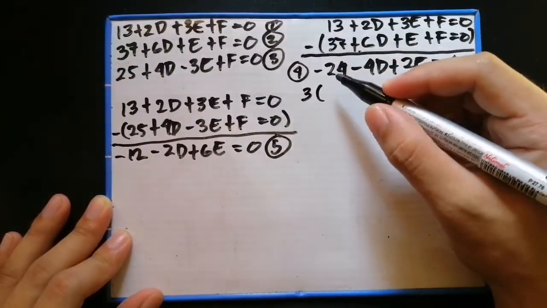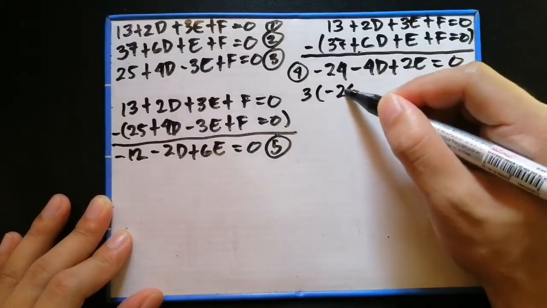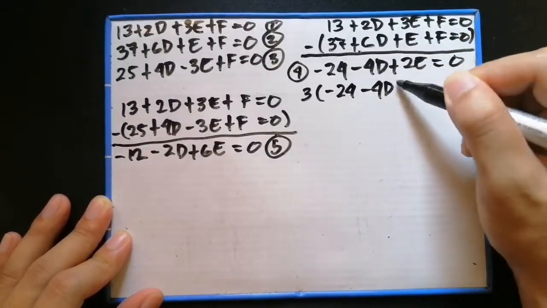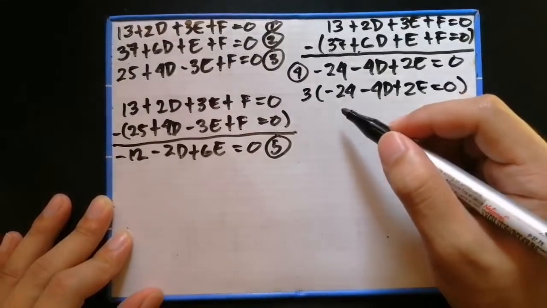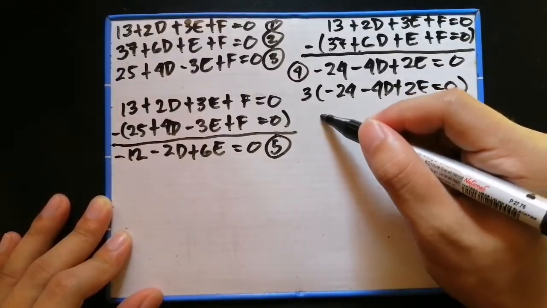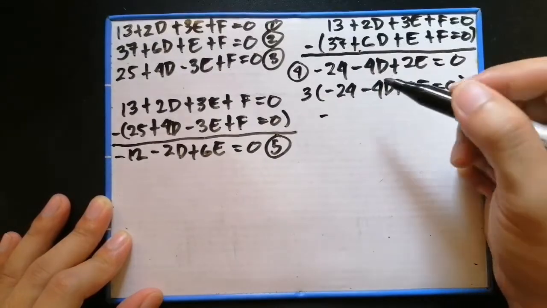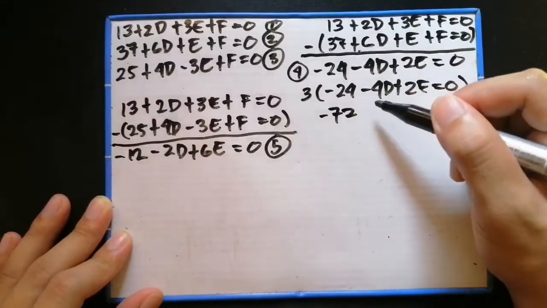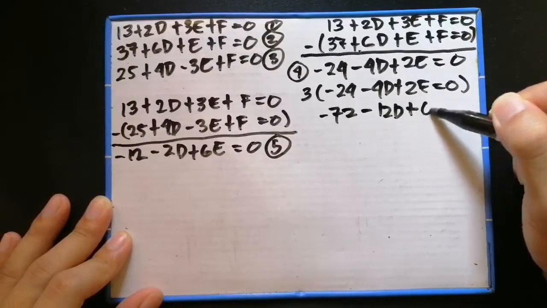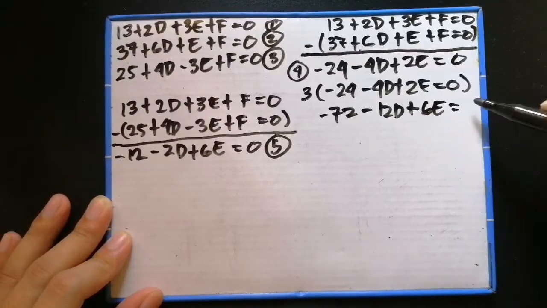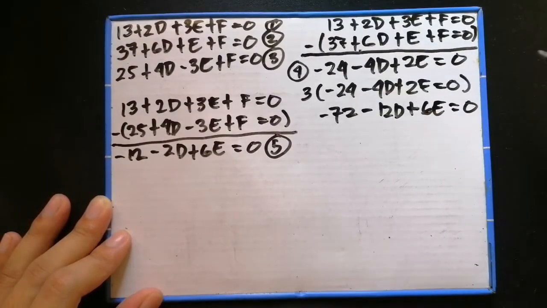So, 3 times the equation 4, negative 4D plus 2E is equal to 0. Ang result ay magiging negative 24 times 3, negative 72 minus 12D plus 6E is equal to 0. Tama?